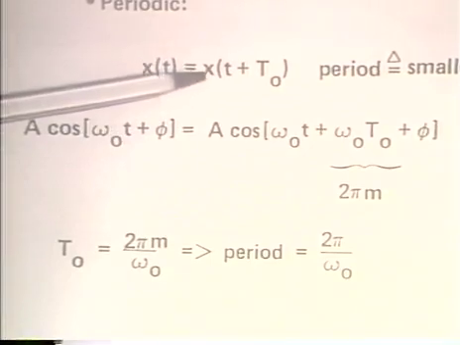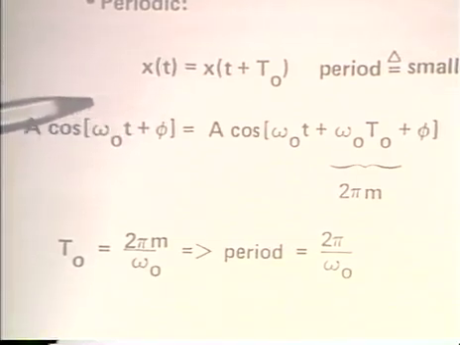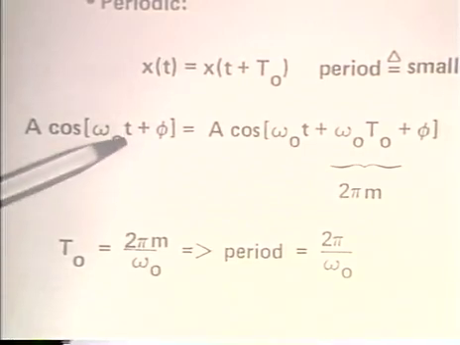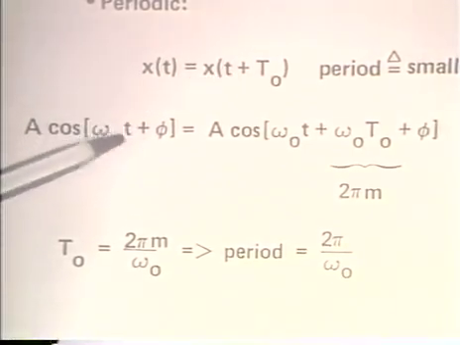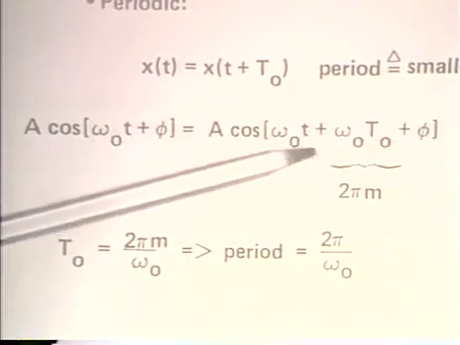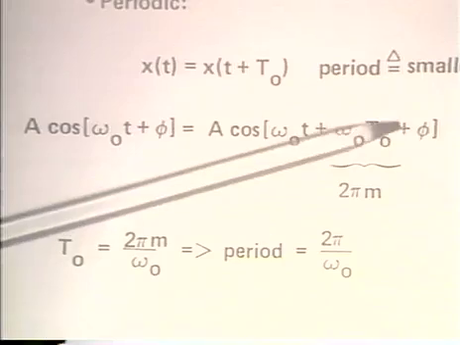And we can demonstrate that mathematically by simply substituting into the mathematical expression for the sinusoidal signal t plus capital T0 in place of t. When we carry out the expansion, we then have, for the argument of the sinusoid, omega 0 t plus omega 0 capital T0 plus phi.